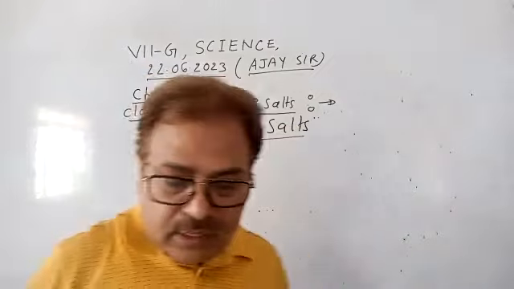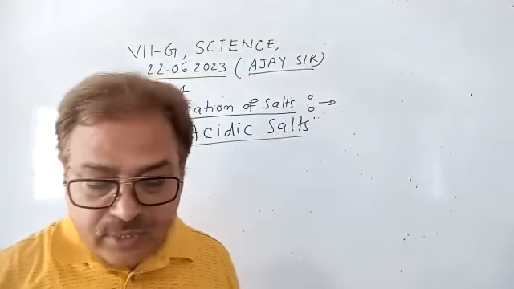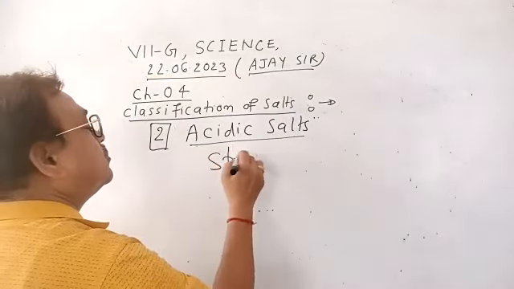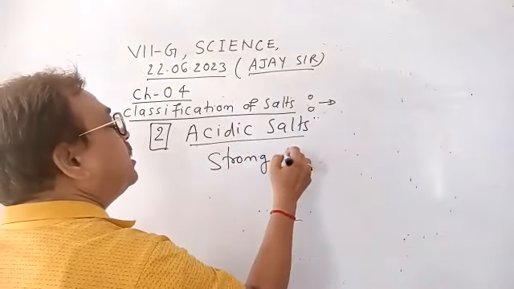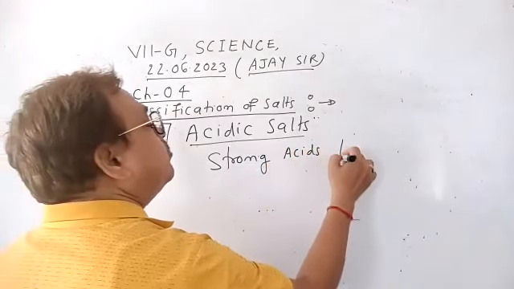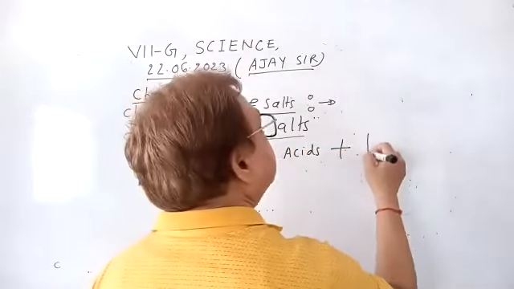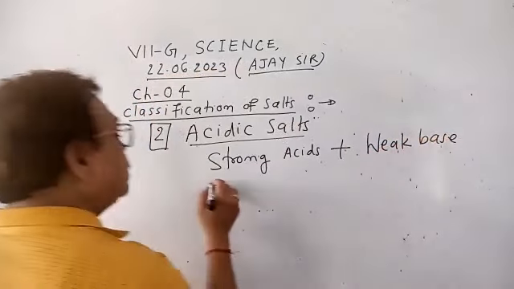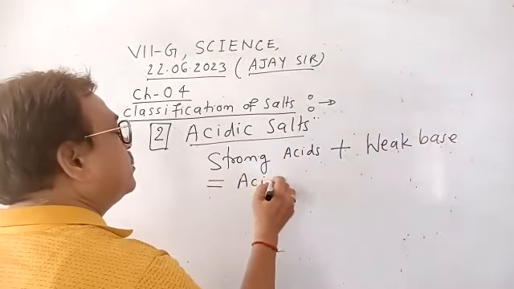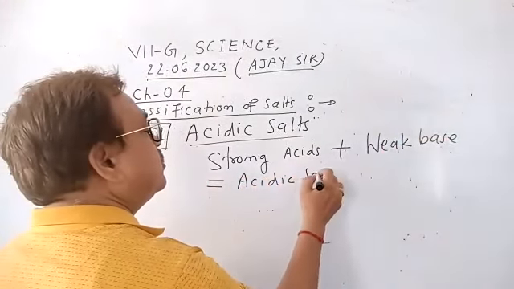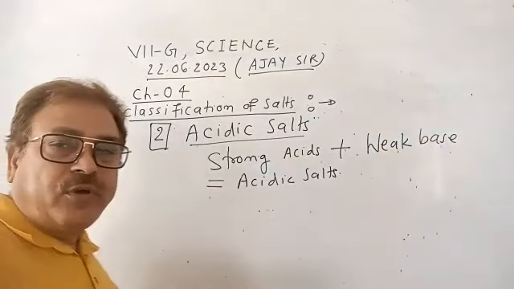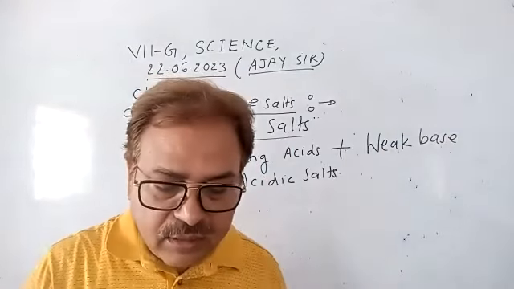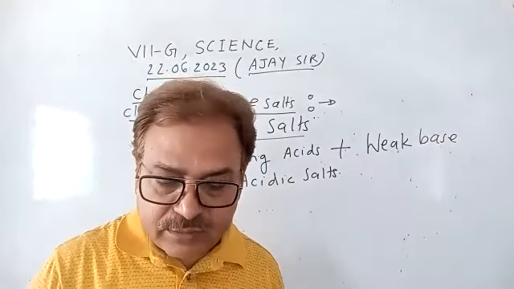The definition is that the salt formed by a strong acid mixed with a weak base is an acidic salt. Take care of the main point. When a strong acid is mixed with a weak base, we call the salt an acidic salt.